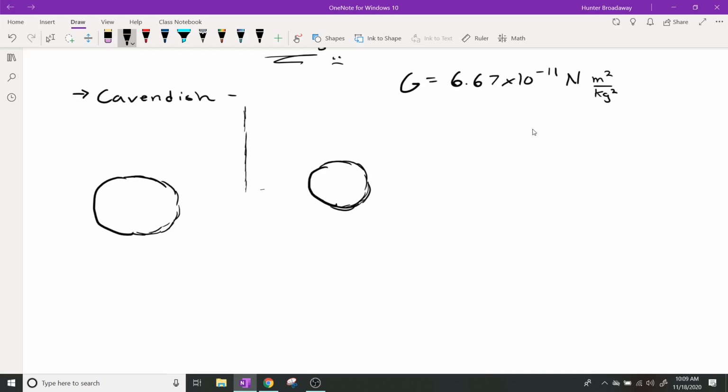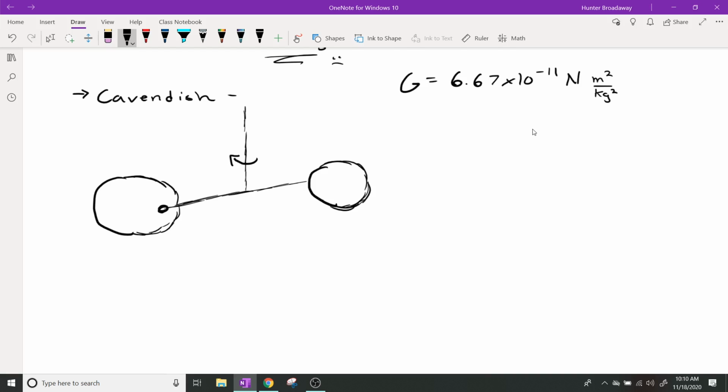On this stick were two little tiny masses, right next to the big masses. If you have this in a completely still room, these masses will turn the rod, so the rod will start to turn in a gravitational attraction towards each other.